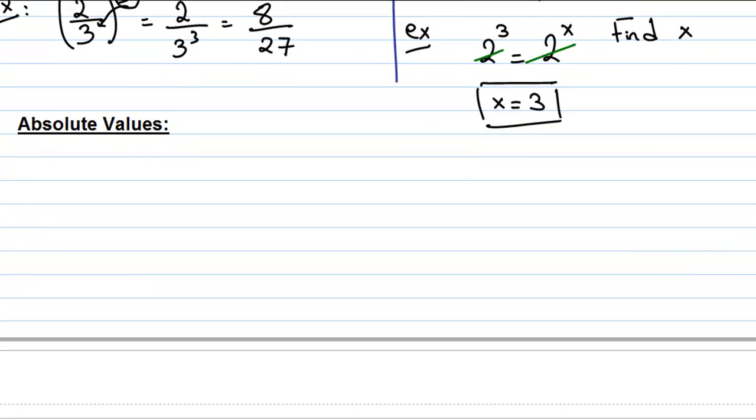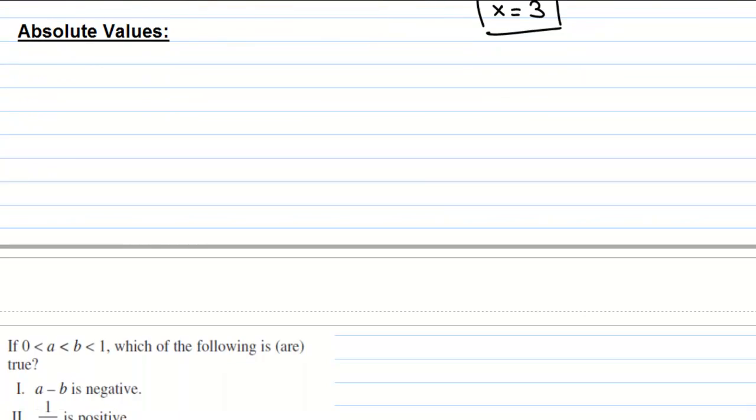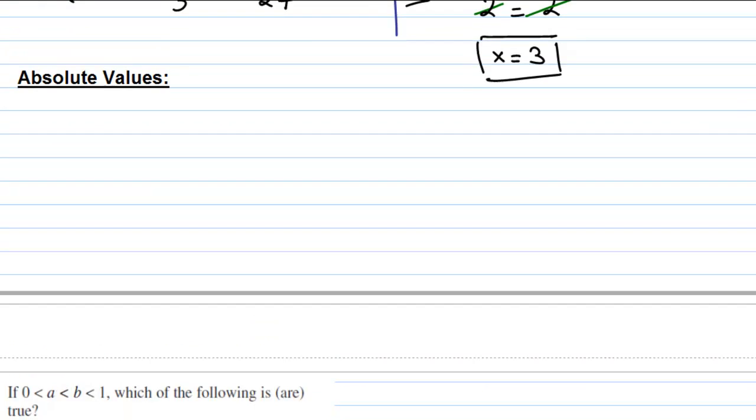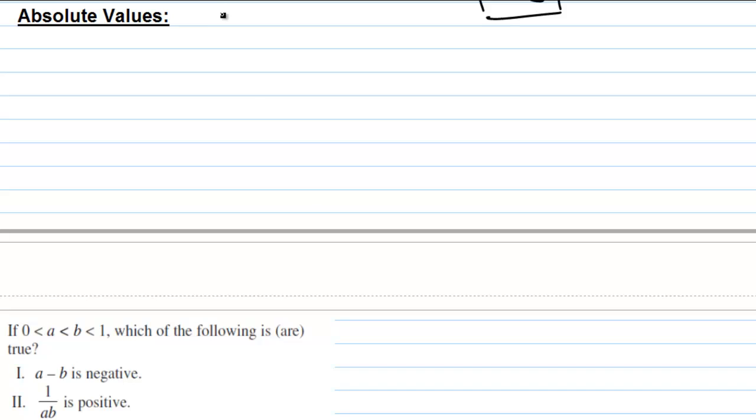All right, move on to the next point, the absolute values. Now, the absolute sign is like 2 bars like this, right? This is called the absolute. Usually we have something inside, a number or a variable. For example, if we have absolute 3, or maybe absolute negative 3, also it works. So the number inside can also be negative.